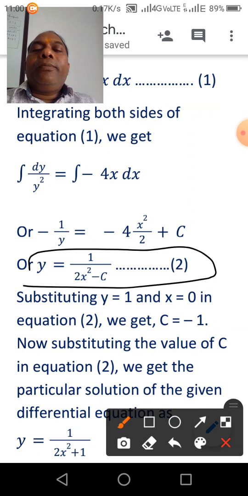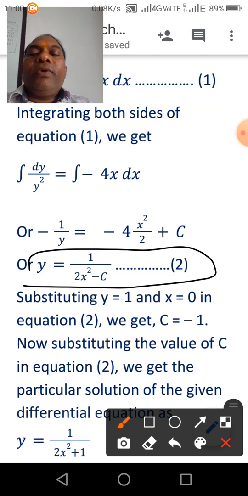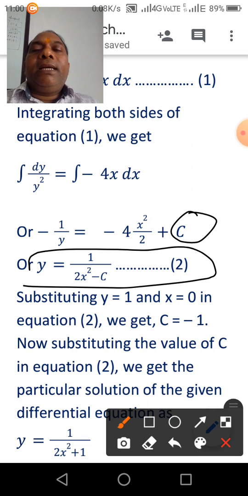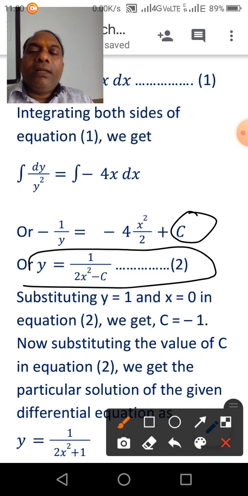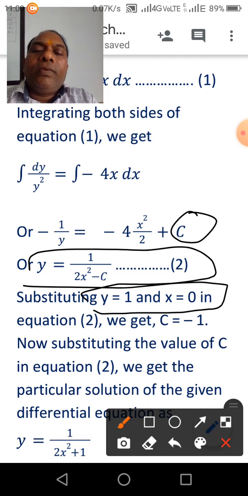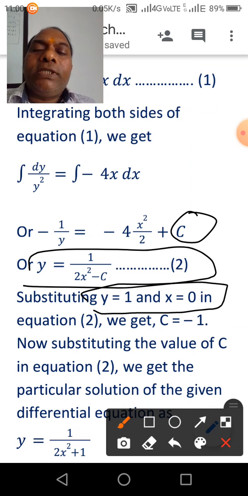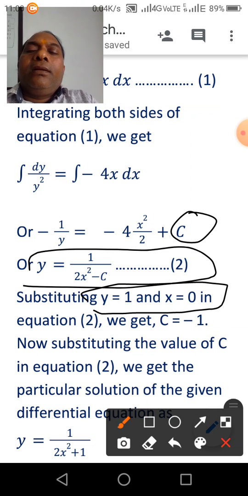Now, where c is the integration constant, you have to use the given condition. The given condition is y is equal to 1 when x is equal to 0. So you have to put y is equal to 1 and x is equal to 0 in equation number 2, that is, in the solution.